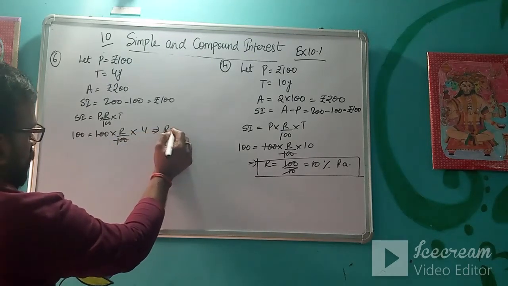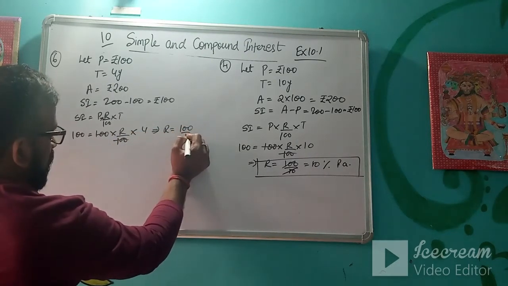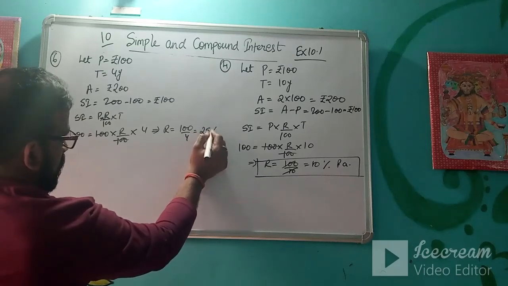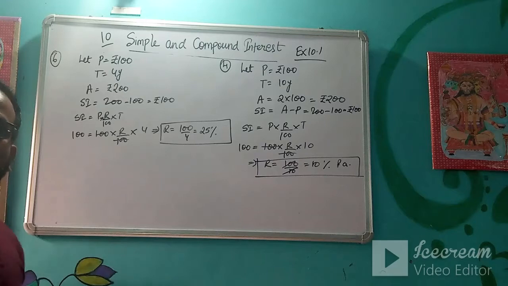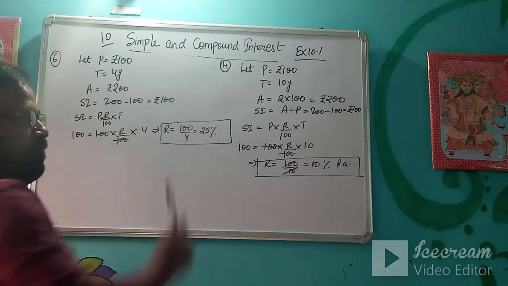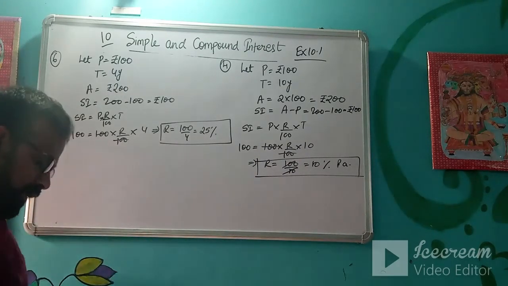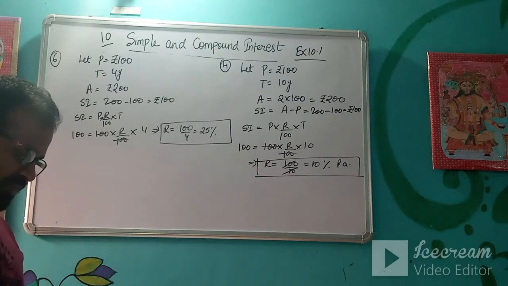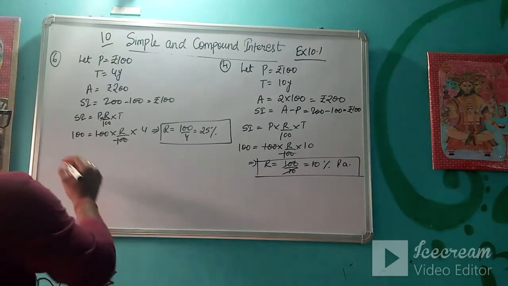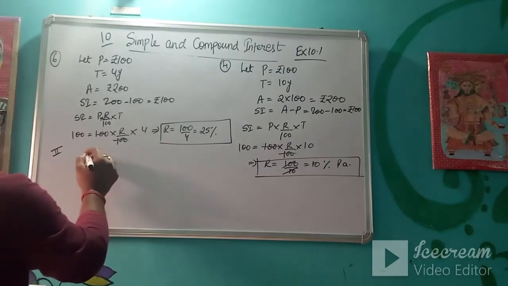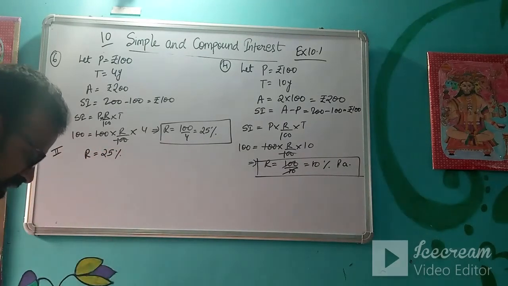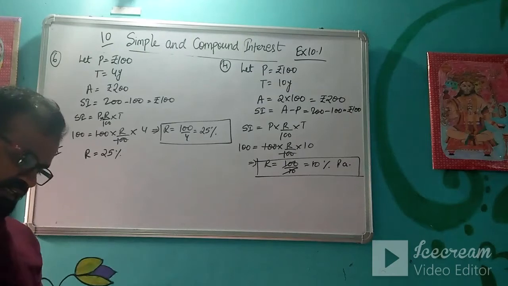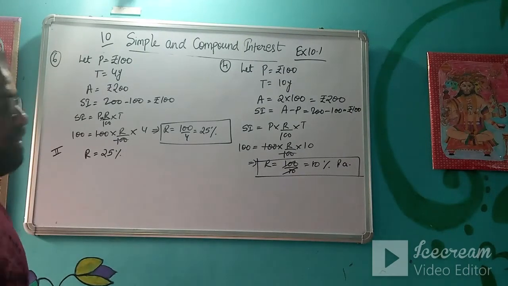So from here you will get rate as 100 upon 4, that is 25%. So what we got? Rate as 25%. Now in the second part it is asked at the same rate. So in the second part the rate will be 25%.